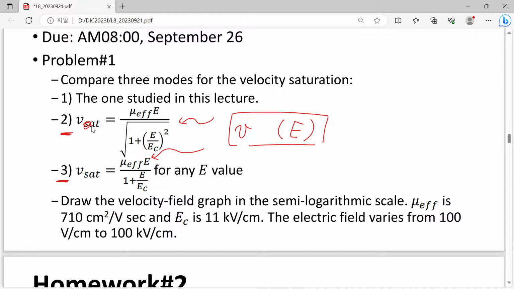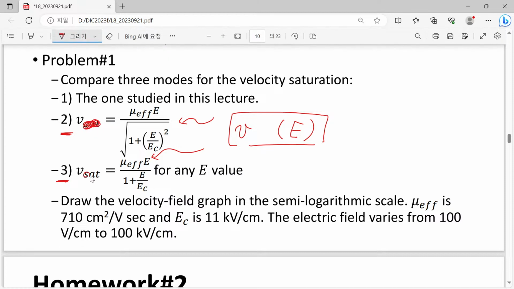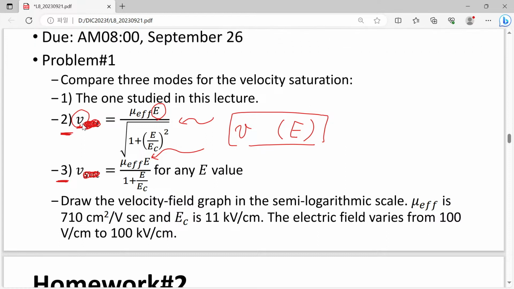Although it is shown here as a saturation velocity, please regard it as a drift velocity. For a given electric field, your drift velocity is written here. The reason I say saturation is that it is taken from another literature, so please just treat it as your drift velocity. Then as you can see, it's not that easy to evaluate, especially this number 2 seems quite difficult.